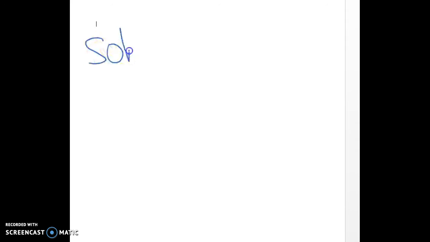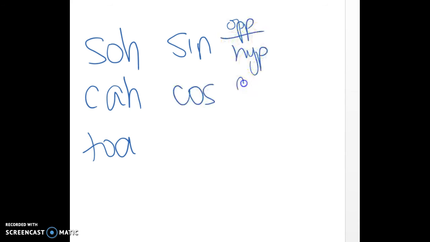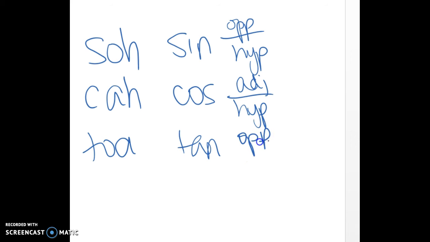You have SOH CAH TOA: sine, opposite over hypotenuse, cosine, adjacent over hypotenuse, and tangent, opposite over adjacent. So if you need a reminder of those, if you don't have your notes with you, that's there.